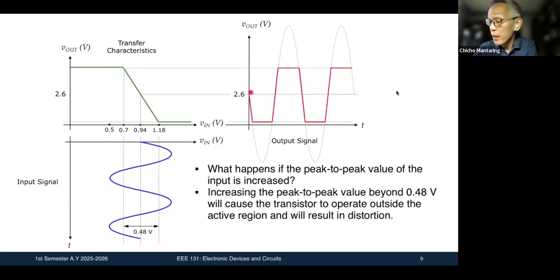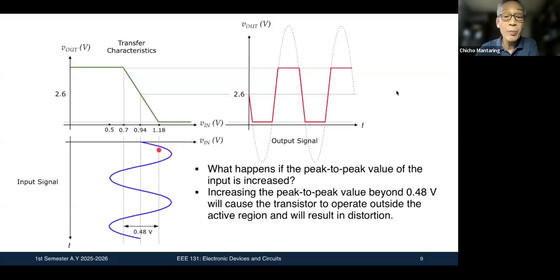This is what it would have been if I did not hit saturation and cutoff that early. But because I hit saturation and cutoff before the signal could finish extending itself, I have clipping here, negative clipping at VCE SAT, and positive clipping here at VCC.